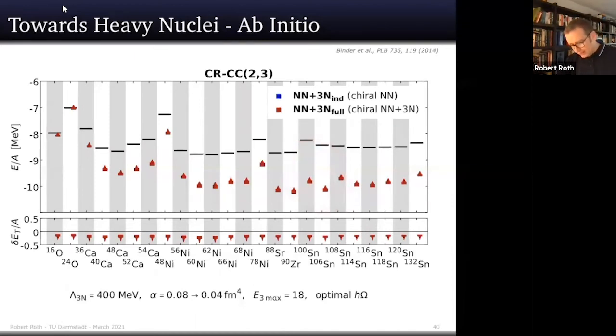And the effect here, this difference, is much larger than this thing here, which could serve as an estimate for the many-body uncertainty. If you are really conservative and say, okay, I've truncated this coupled cluster series and I take the step from doubles to triples as my measure for many-body uncertainty, then this 0.2 MeV per nucleon would be it. And it's out of the question that this 1.5 MeV per nucleon could be due to many-body uncertainties. So there's really a problem with the Hamiltonian.